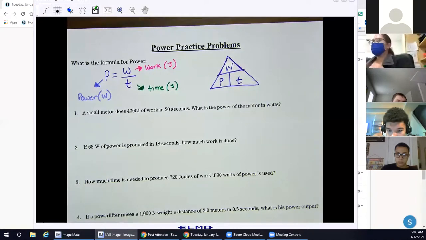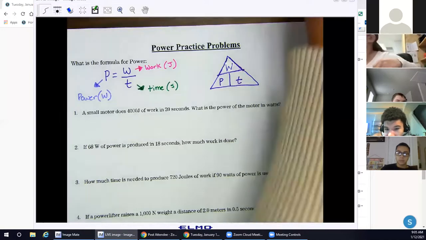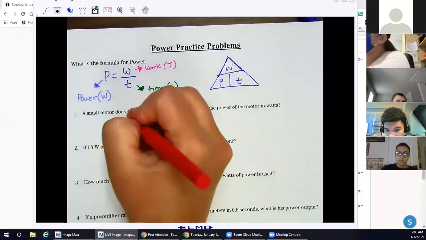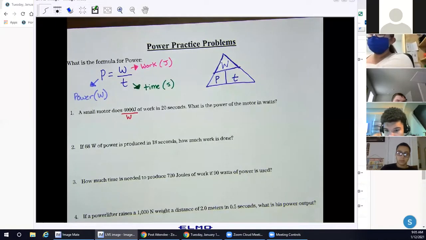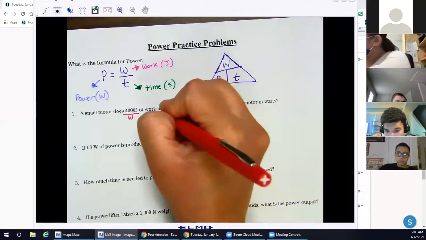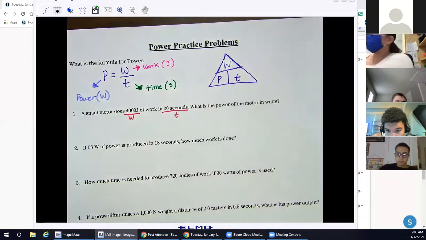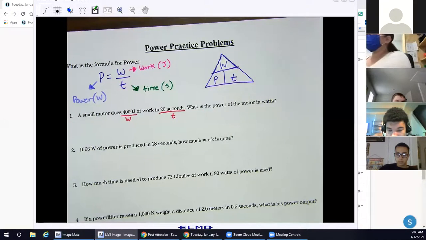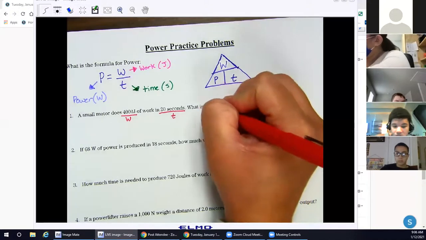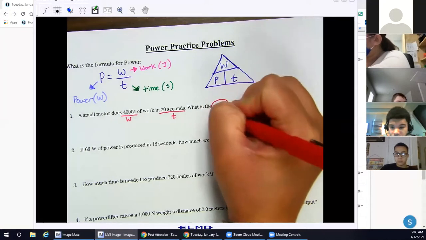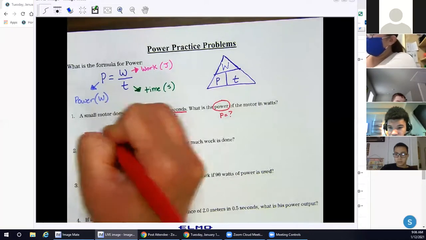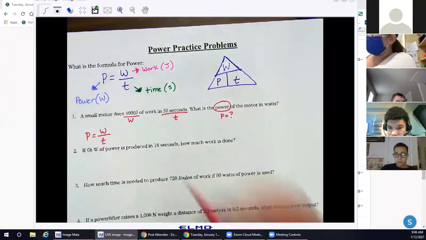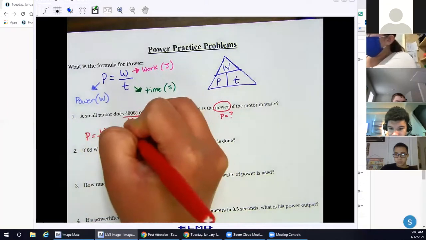Okay, so first problem. A small motor does 4,000 joules of work. So 4,000 joules, that's our work, in 20 seconds, that's our time. What is the power of the motor in watts? So we want power. We're looking for P. So easy peasy. Power is work over time. Work is 4,000.